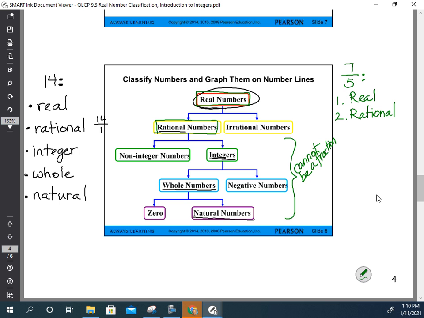So 7 over 5 is equal to 1.4. It has to be a clean number, like 3 or -2. It has to be a whole number. Anybody confused with that? Yeah, 7 over 5 is not a clean number, it's a decimal.